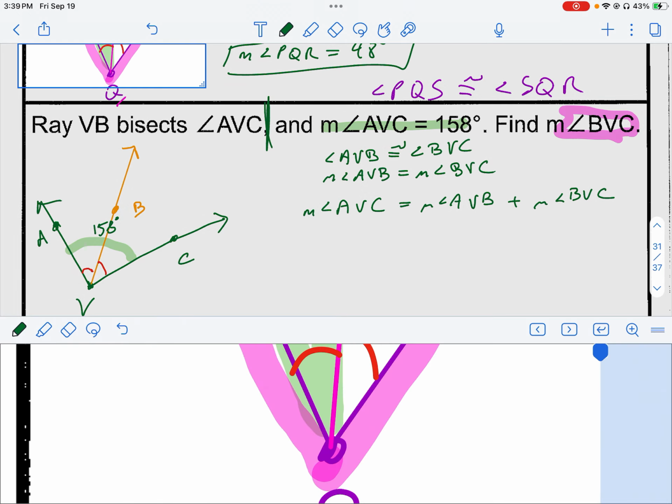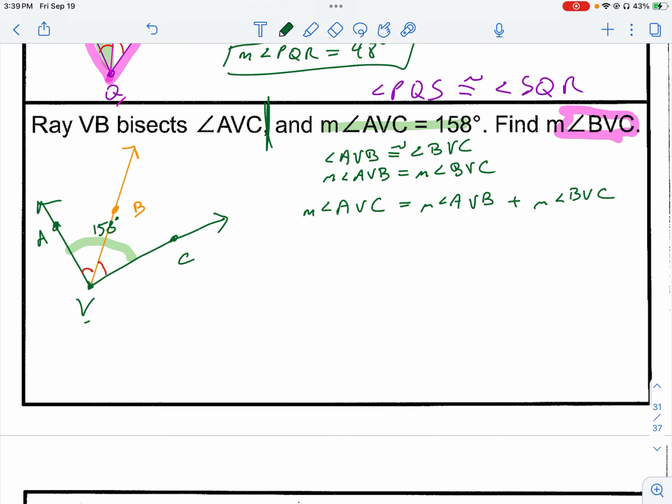Well, what do I know about AVB? I know that it equals BVC, so I could substitute in BVC for AVB. So the measure of angle BVC plus the measure of angle BVC equals the measure of angle AVC. Well, I have BVC plus BVC.